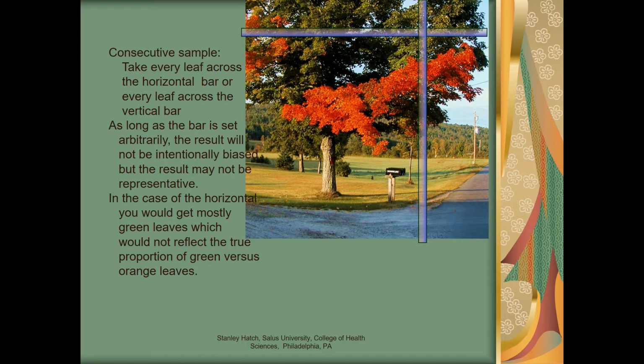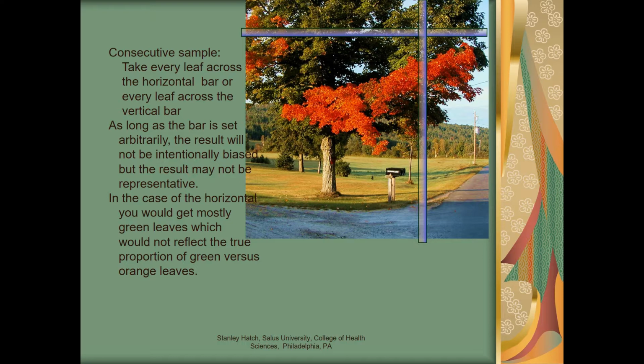But is it accurate to the actual proportion of green versus orange? Probably not, because I haven't even showed you the upper part of the tree, which happens to be all green as well. So the vertical consecutive sample here would probably overestimate the amount of orange or red leaves.